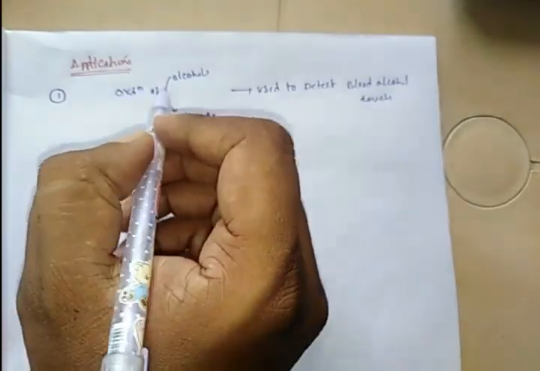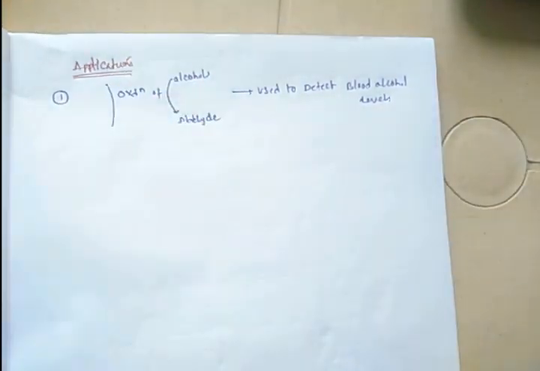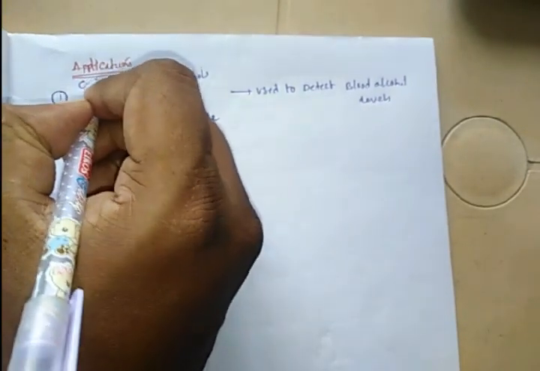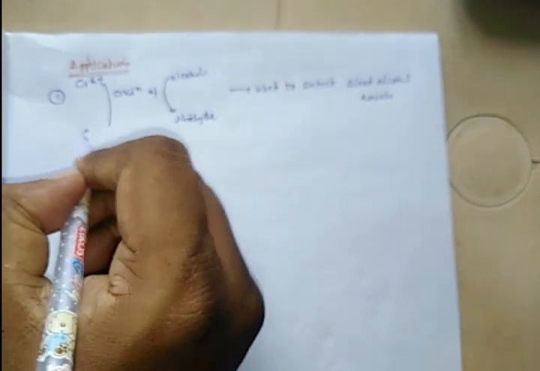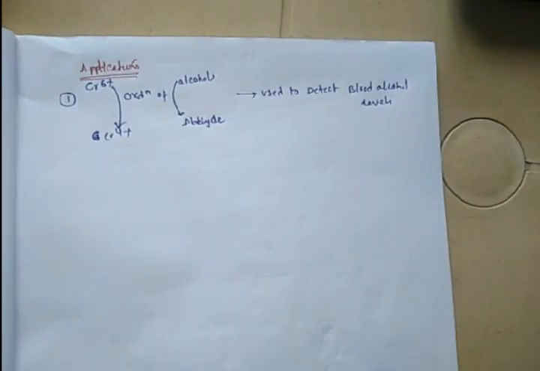Whenever an alcohol undergoes oxidation into an aldehyde in the presence of a chromium oxidizing reagent, the oxidation state of chromium changes from 6+ to 4+. That is, this chromium undergoes reduction.